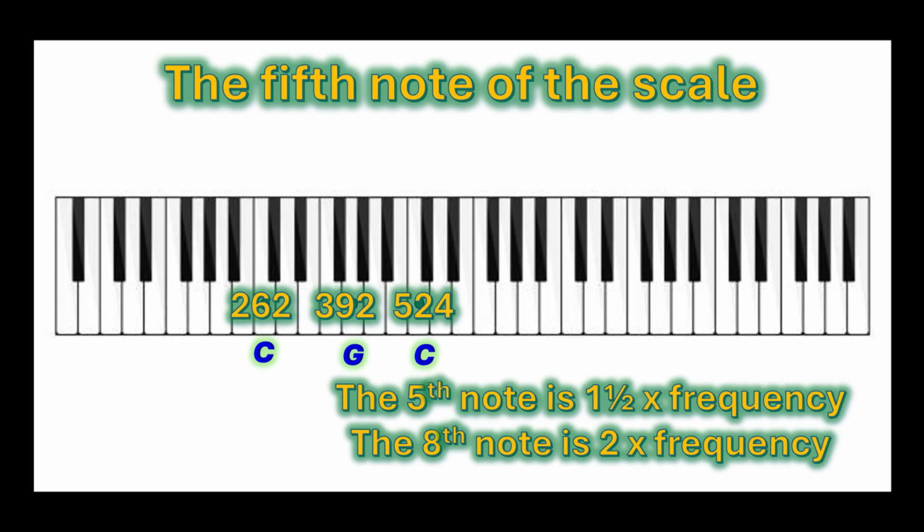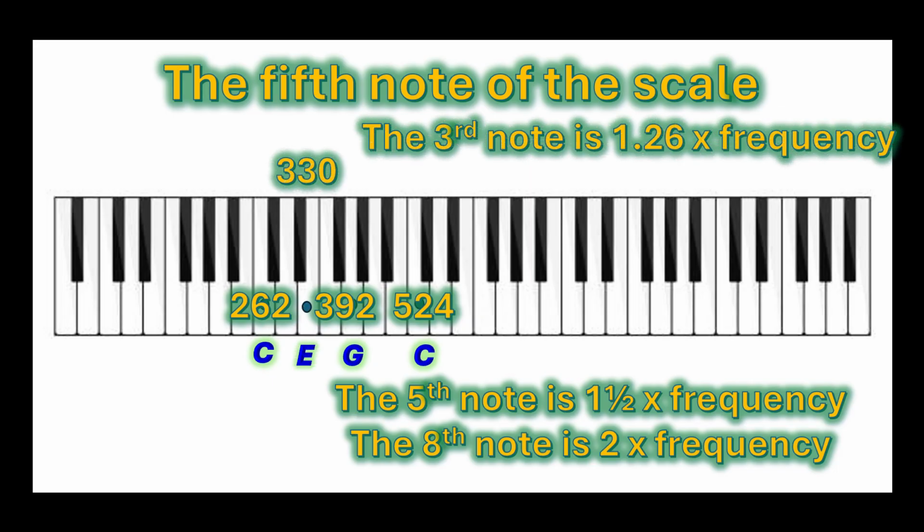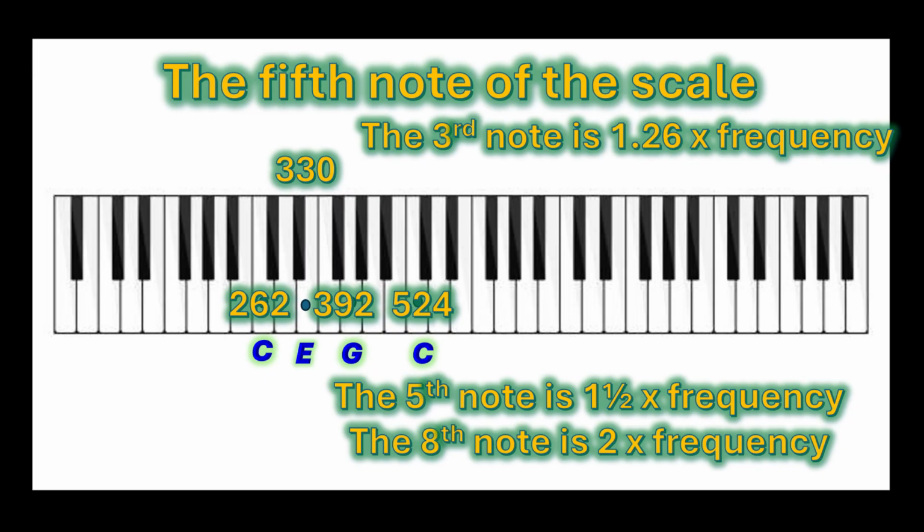And we've already said that the frequency of the C above is double. This is a very special relationship that sounds very harmonious in our ears. Furthermore, the third note also has a frequency carefully related to the first and the fifth and the eighth note of the scale.